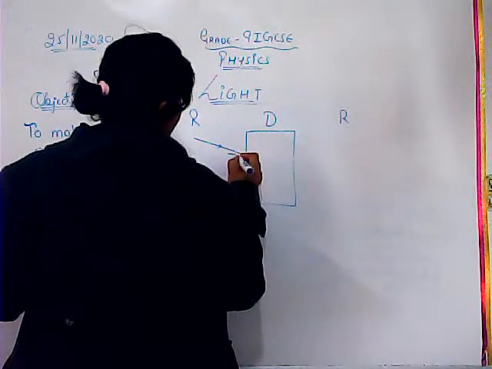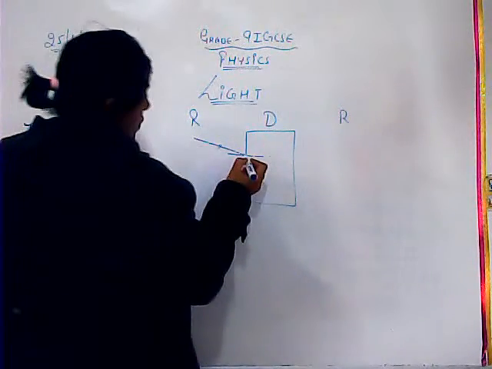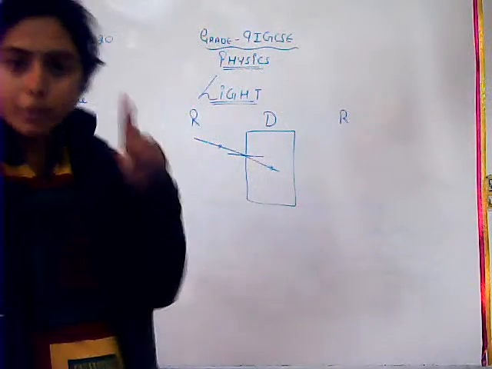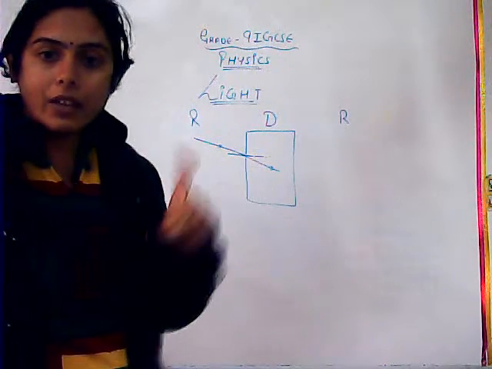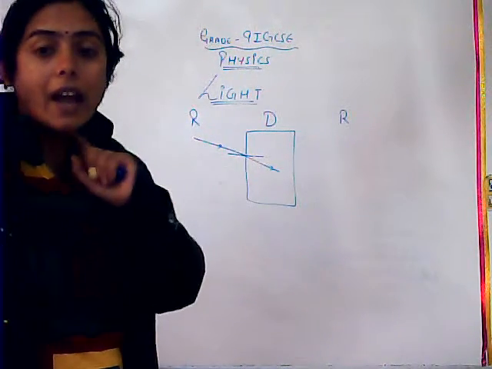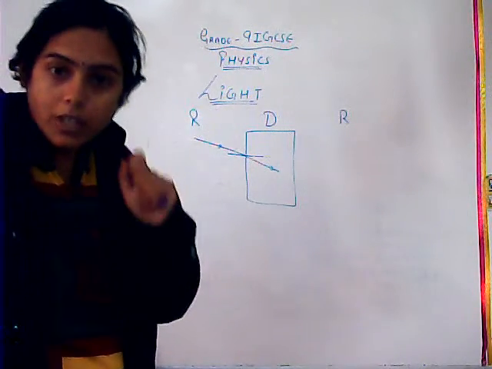Here normal. Actually इसको जाना कैसे, ऐसे जाना है ना. अगर कुछ नहीं होता रास्ते में तो सीधा आगे जाना है, लेकिन क्योंकि मीडियम चेंज कर रहा है, डेंसिटी चेंज कर रही है, एंड इट्स गोइंग फ्रॉम रेयर टू डेंसर, तो किधर बेंड करेगा, टुवर्ड्स द नॉर्मल.